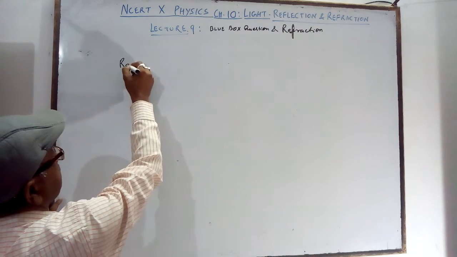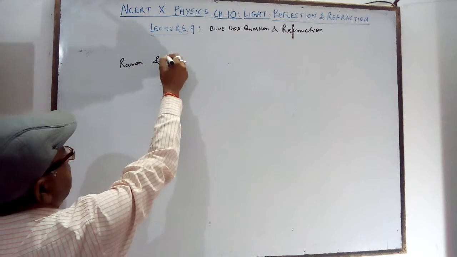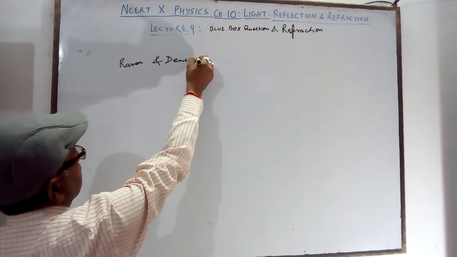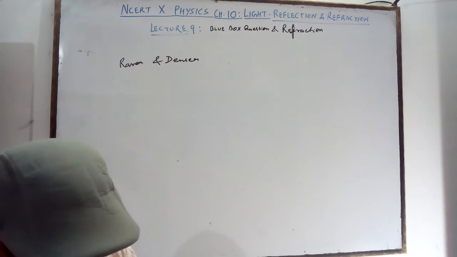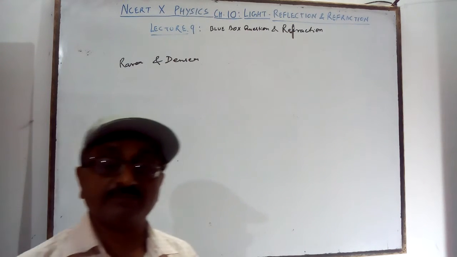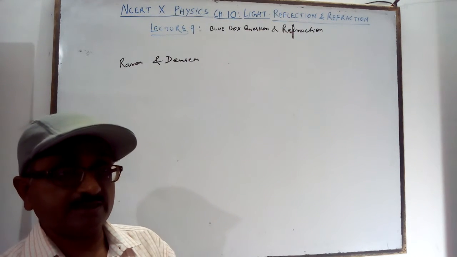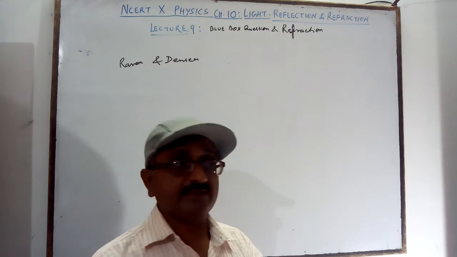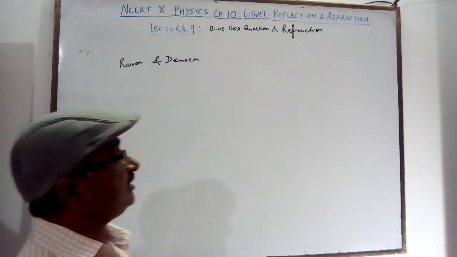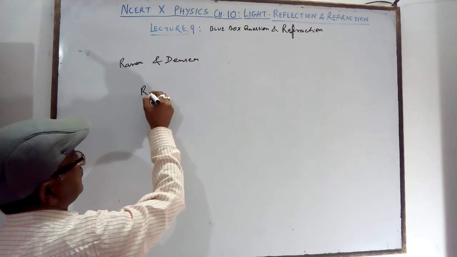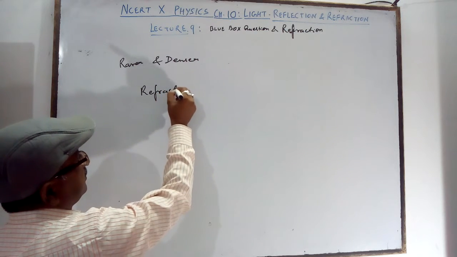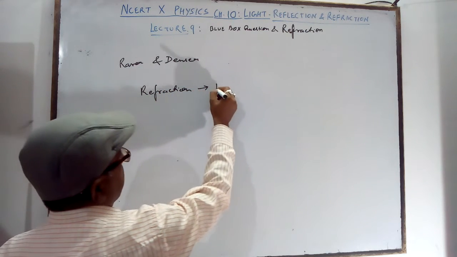When light enters from one medium to another medium, then it bends. This bending of light is called refraction.